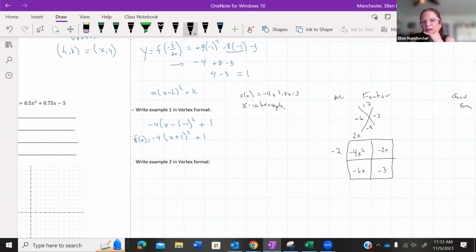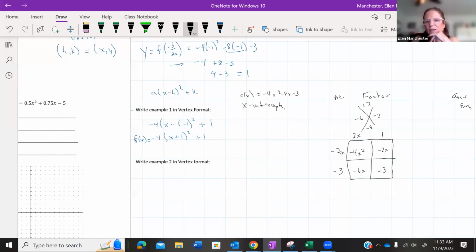Okay, that gives me 2x. That gives me -4x squared. What do I multiply -2x by to get -2x? It's a +1. What do I multiply the 2x by to get -6x? It's -3. And -3 times 1 is -3.